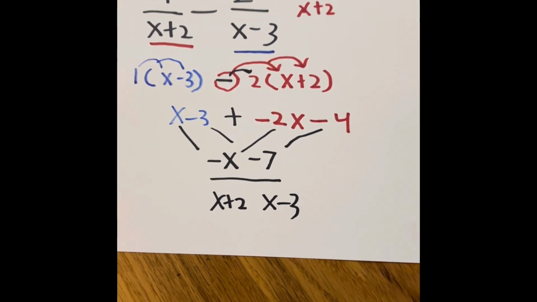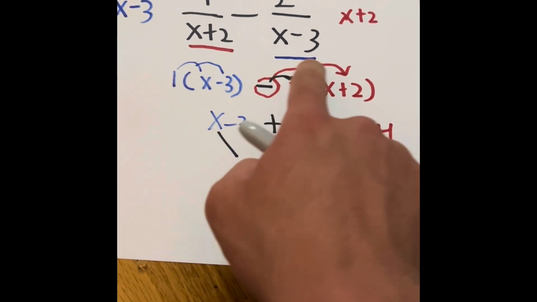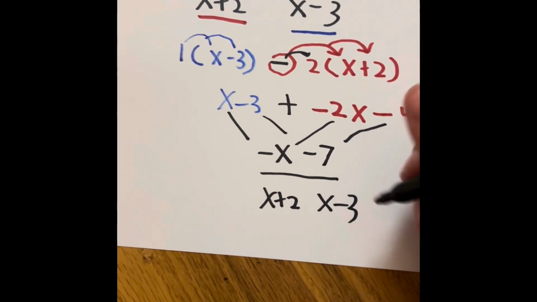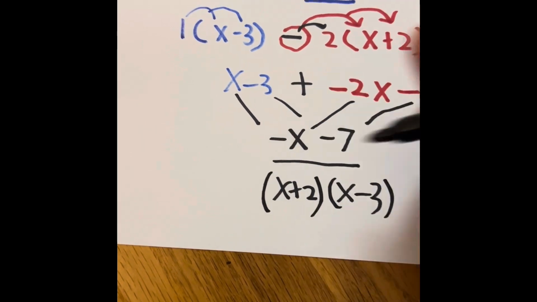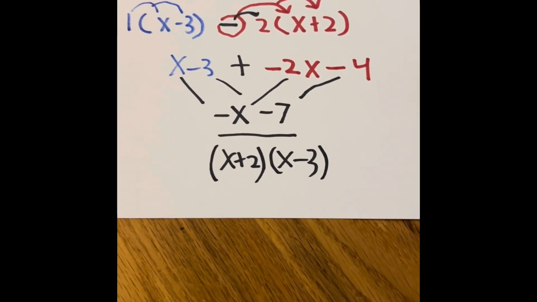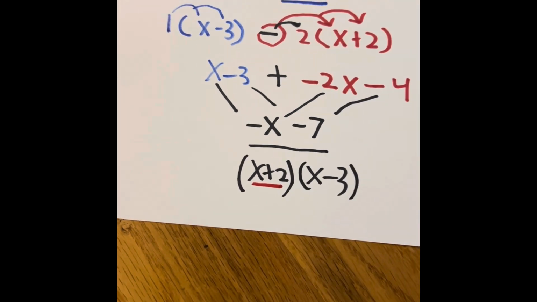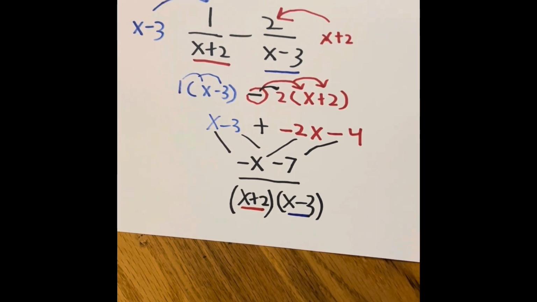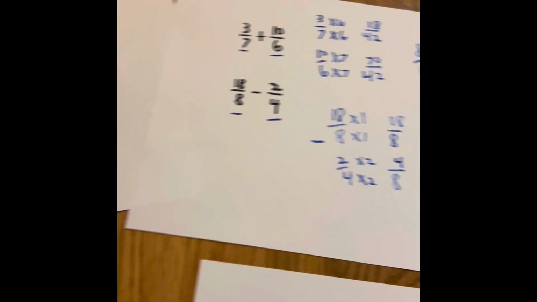That is going to be for red and blue. We're going to have them separate because we don't want to try and FOIL them together or multiply them together. The x plus 2 is going to be in red, and the x minus 3 is going to be in blue.